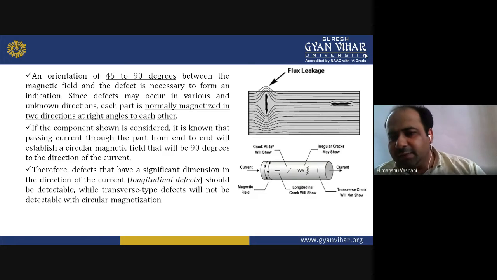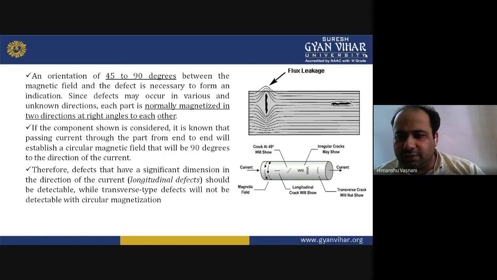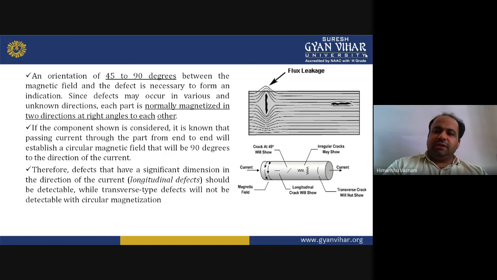So you can see in the diagram on the right hand side, the bottom diagram, that there are irregular cracks showing. And you can see the current is passing from the center of the part. Then you will see that the longitudinal crack is showing, and the magnetic field is shown through the arrows on the circumference.